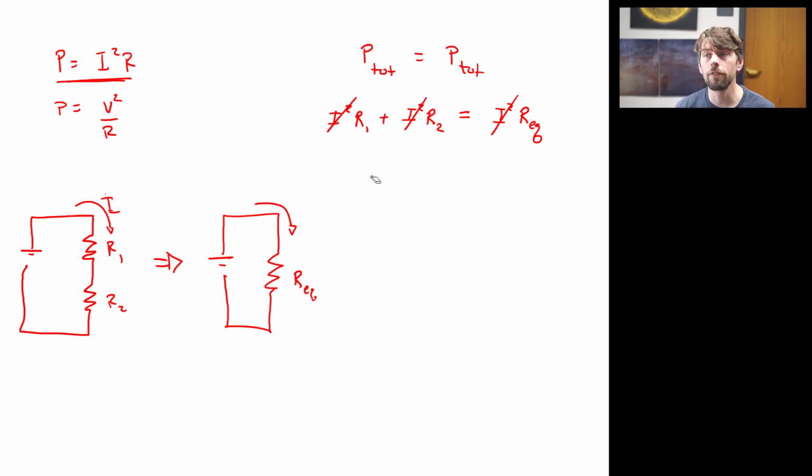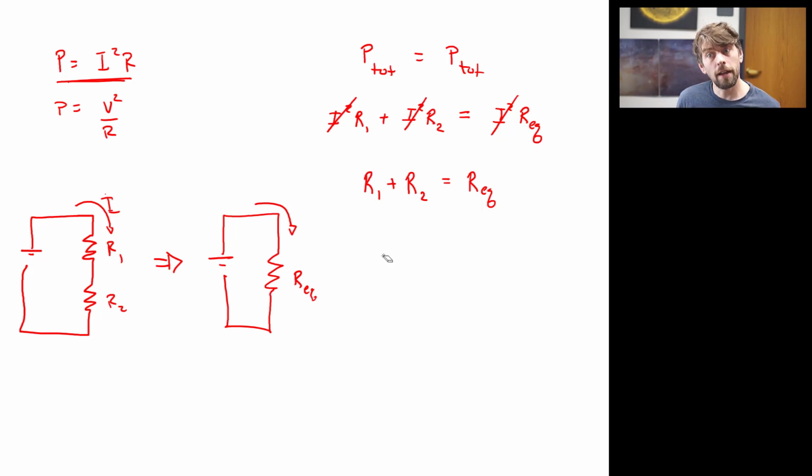And so we find out that when we have resistors in series, we simply add the resistances to find the equivalent resistor. So if I make that substitution following this relationship, I am guaranteed to have the same current running through either of those two circuits, and I am guaranteed that both circuits will remove the same amount of energy per unit time.